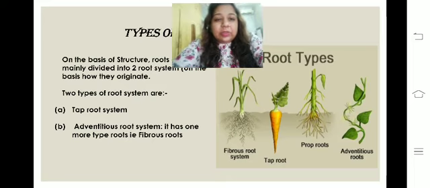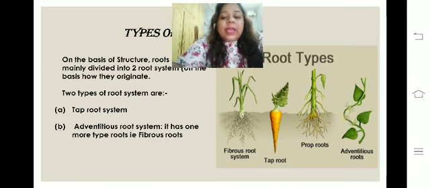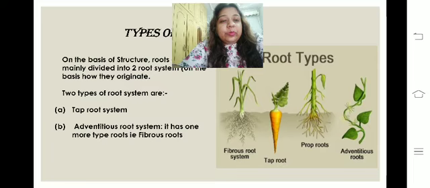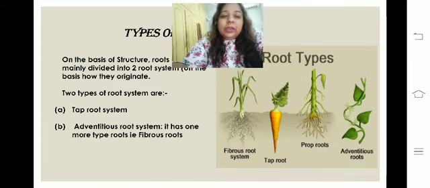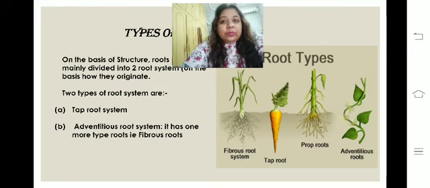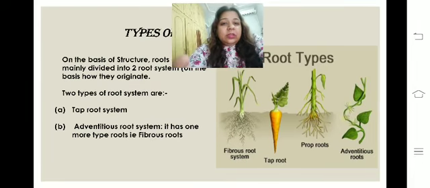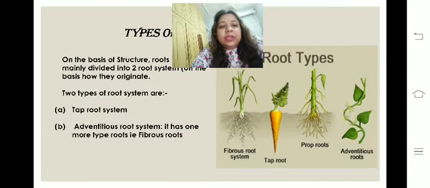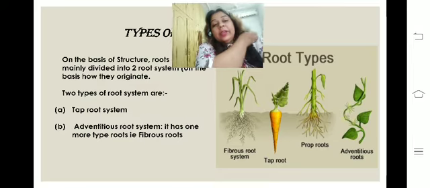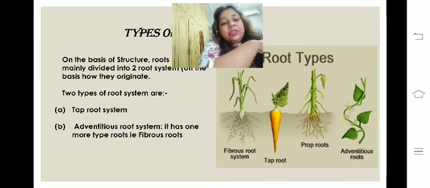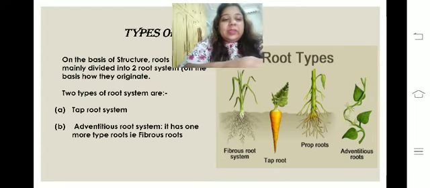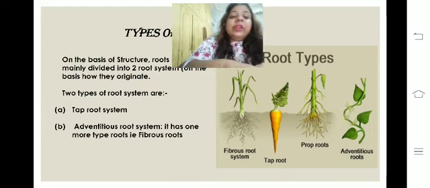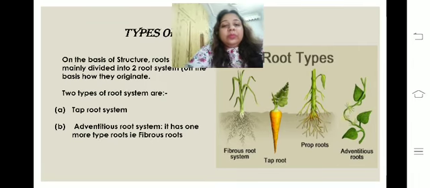As I said earlier also, most dicotyledonous plants have a taproot system, and mostly all monocotyledonous plants have an adventitious root system. Some specifically modified dicotyledonous plants have adventitious roots, like I said, prop roots. These are not monocotyledonous plants, but they are a type of adventitious root. They are not a type of taproot.